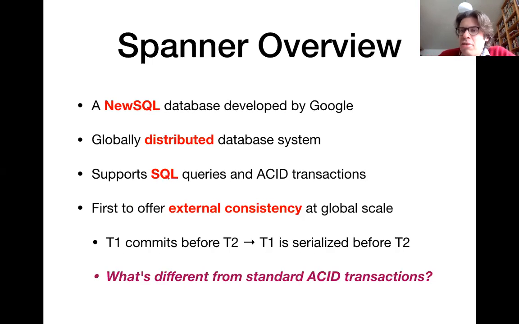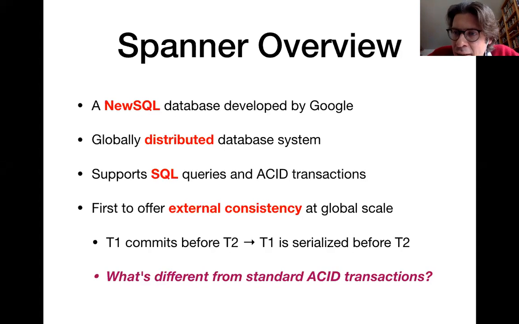Now, external consistency is actually even stronger than serializability, which we typically expect from ACID transactions. It essentially means that if a transaction T1 commits before T2, then T1 is serialized before T2.